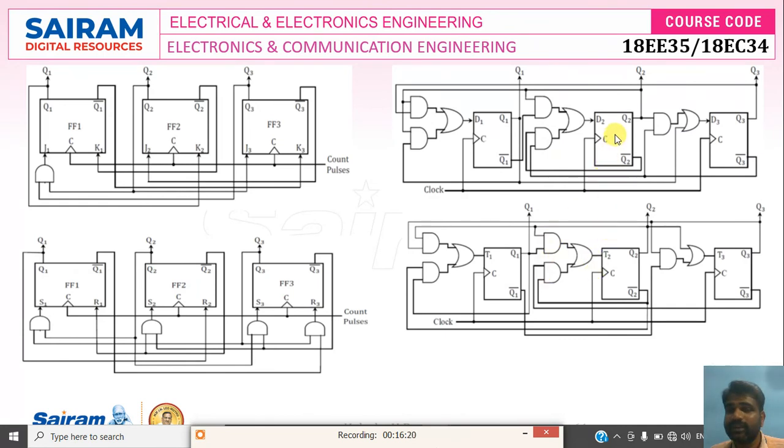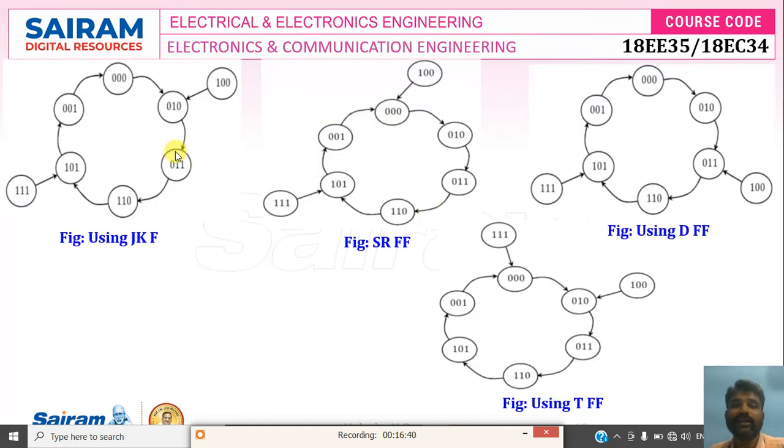But the design procedure is simple if you use D or T. Here the design procedure is a little bit complicated because we need to obtain 6 expressions. But circuit-complexity-wise, these two are simple. Okay? And these are the complete state diagrams using different flip-flops.